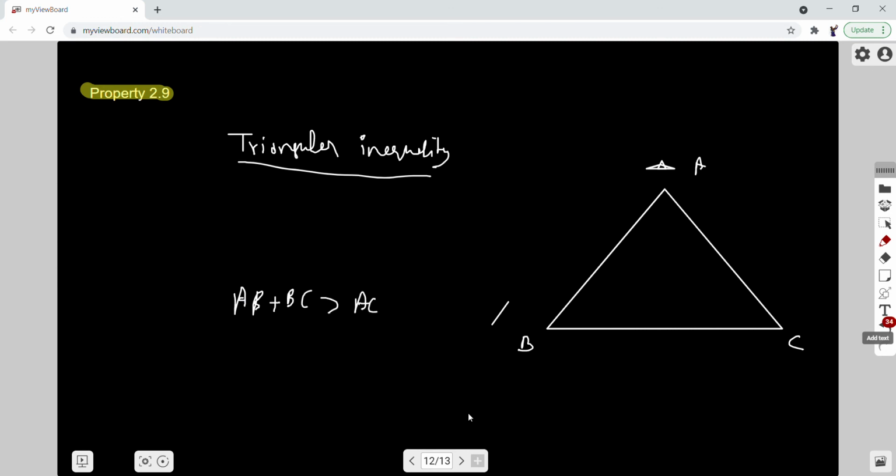So it's an easy proof. I'm gonna prove it here. There is no property 2.10, so I wrote it by mistake. So let us look at the triangular inequality.